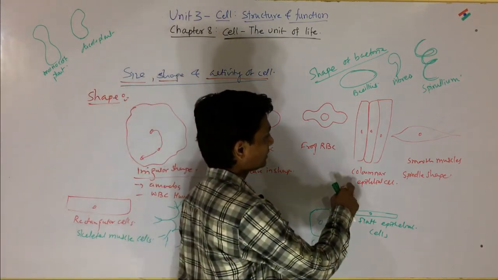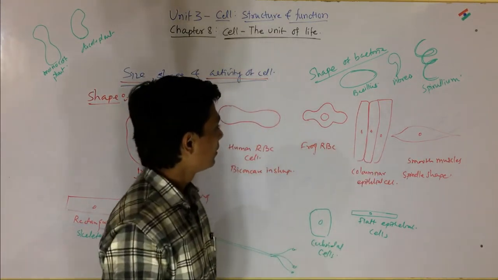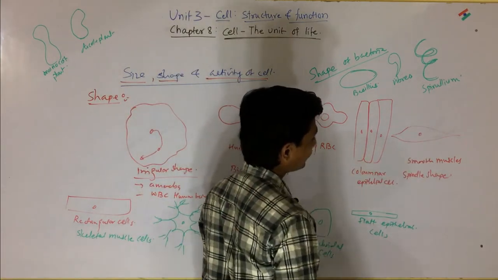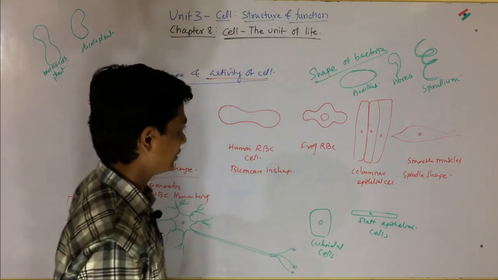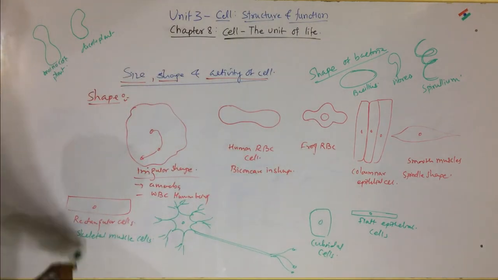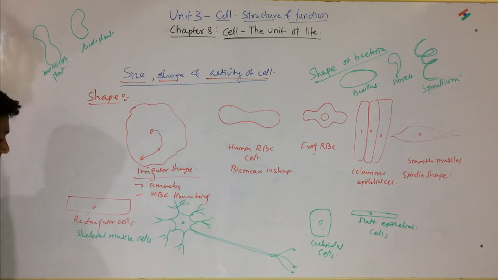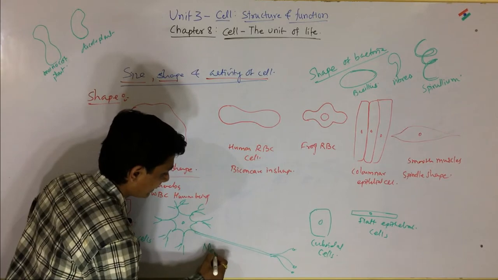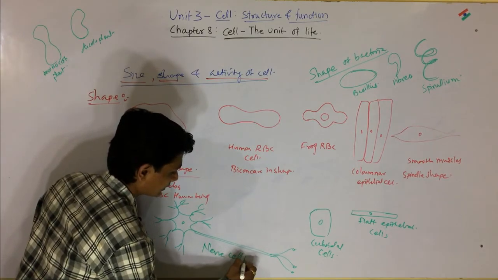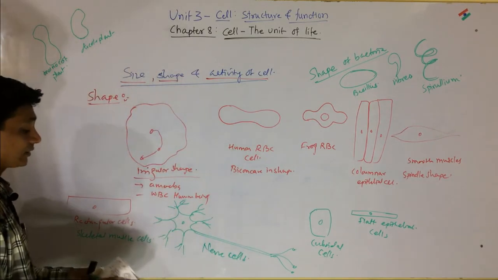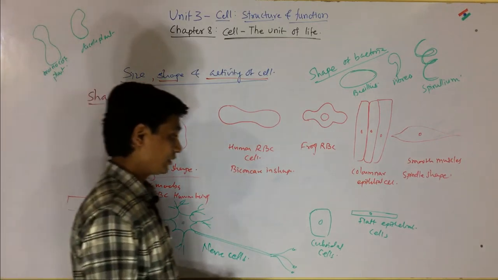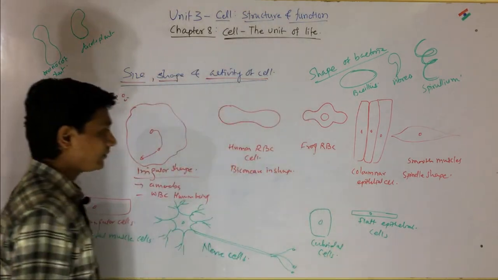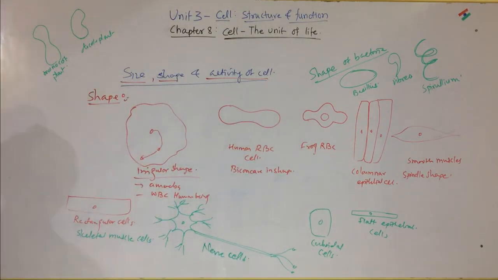The columnar epithelial cells are also present in human beings. Smooth muscles of human beings have spindle shape. Then rectangular cells are the skeletal muscle cells. Then nerve cells are the longest cells in human beings. Then cuboidal cells, and flat epithelial cells, which are protective in function.